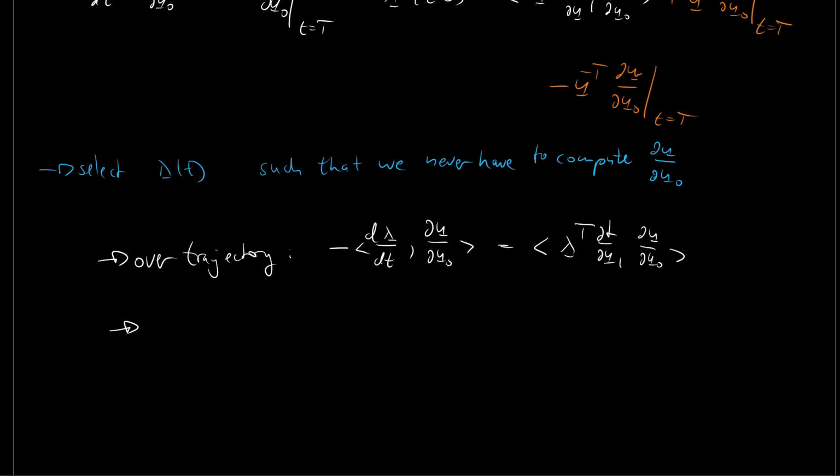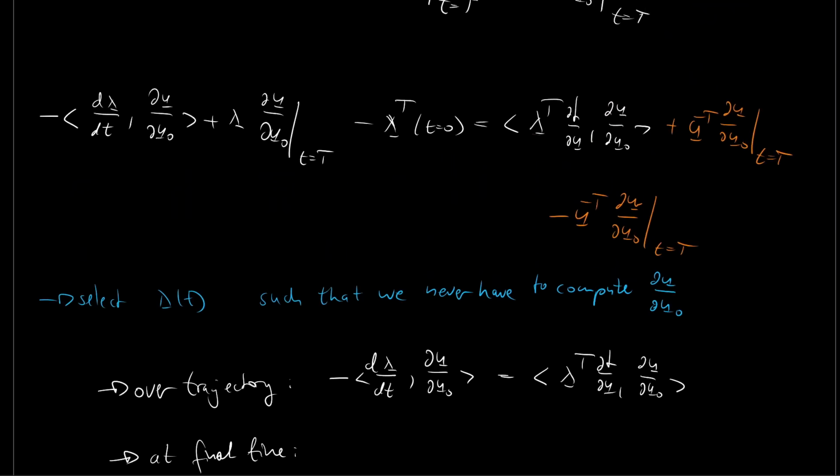Then we will have contributions at final time. So these are the contributions we see here and as well over there. But we will again make the trick that we will only choose one of the two. And it's again reasonable to choose the one which has the plus in front.